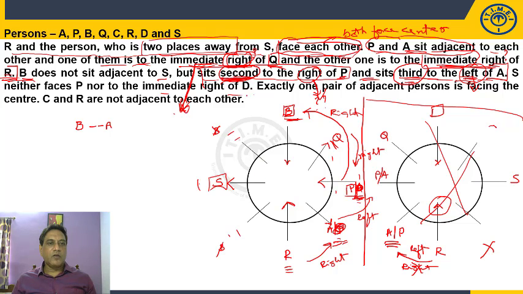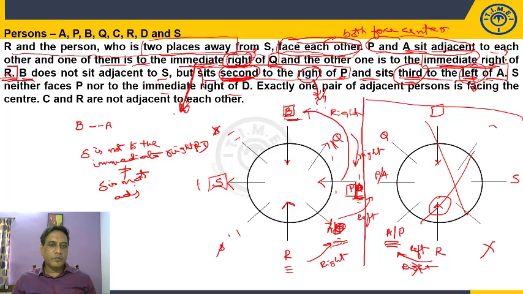Not to the immediate right of D. Now be careful. S is not to the immediate right of D. This statement does not necessarily mean that S is not adjacent to D. No, it does not mean that S is not adjacent to D. S may be adjacent, may not be adjacent, but if S is adjacent, it should not be to the right; it can be to the left side.